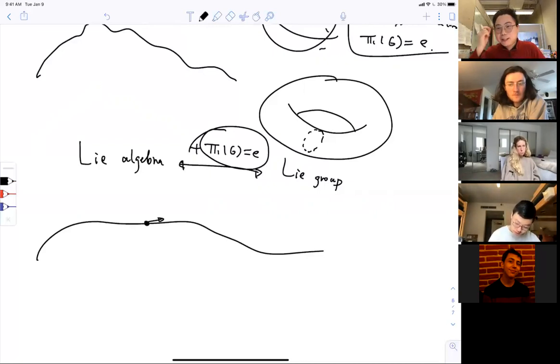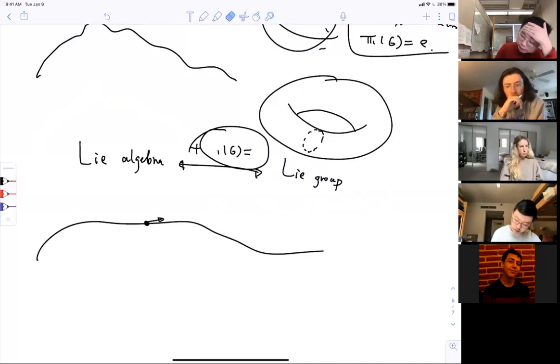Actually, I don't know the exact answer, but if you add some other constraints, maybe the Lie algebra has no corresponding Lie group, because that constraint is not good. But what I know is this constraint is always good. Basically, give me this constraint, then the algebra always gives us a unique Lie group.